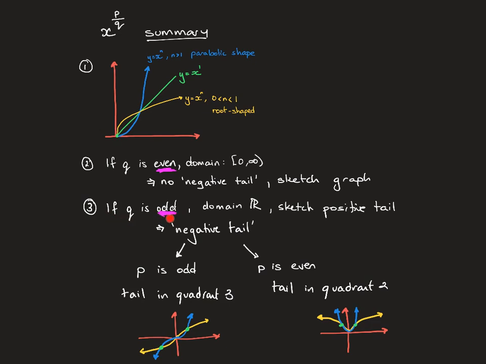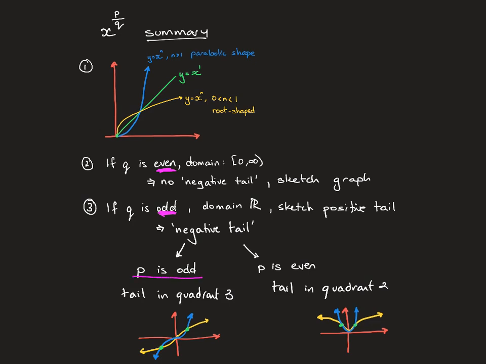If q is odd though, your domain is real numbers, but you have to figure out, you can sketch the positive tail, so you can sketch the positive part based on the size of the fraction, whether it's parabolic in shape or whether it's a root-shaped graph. But to determine where the negative tail goes, whether it's down in quadrant 3 or it's up in quadrant 2, you need to look at the value of the numerator.